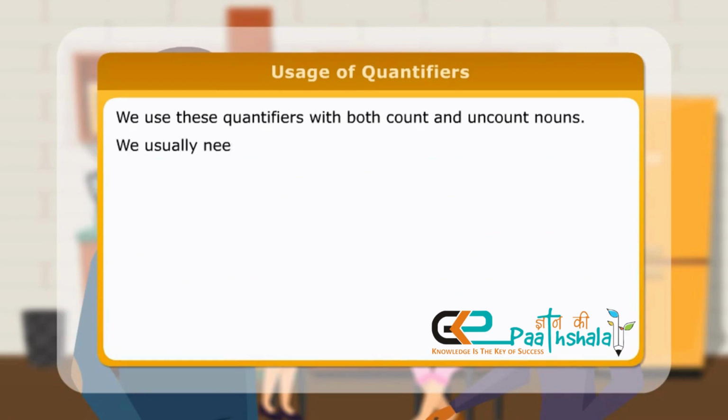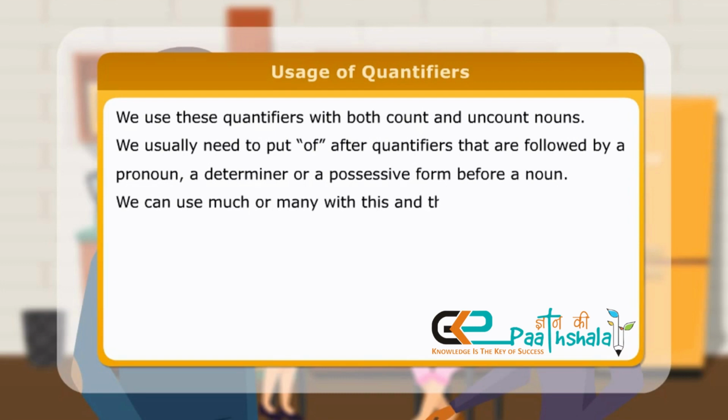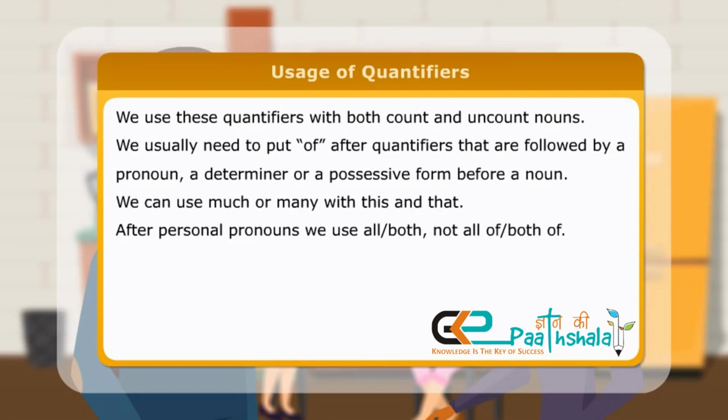We usually need to put of after quantifiers that are followed by a pronoun, a determiner, or a possessive form before a noun. We can use much or many with this and that. After personal pronouns, we use all or both, not all of or both of.